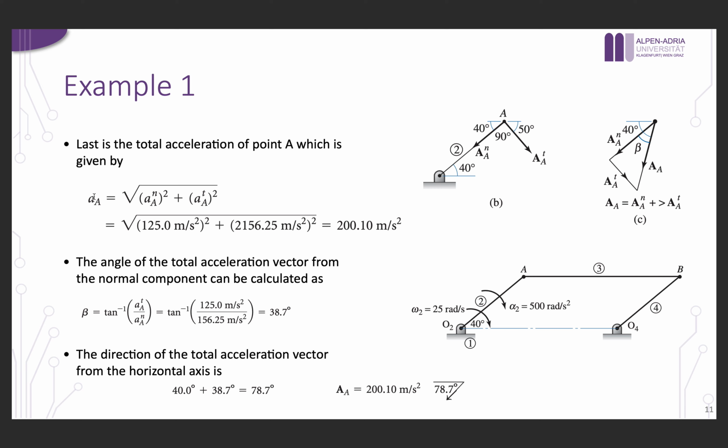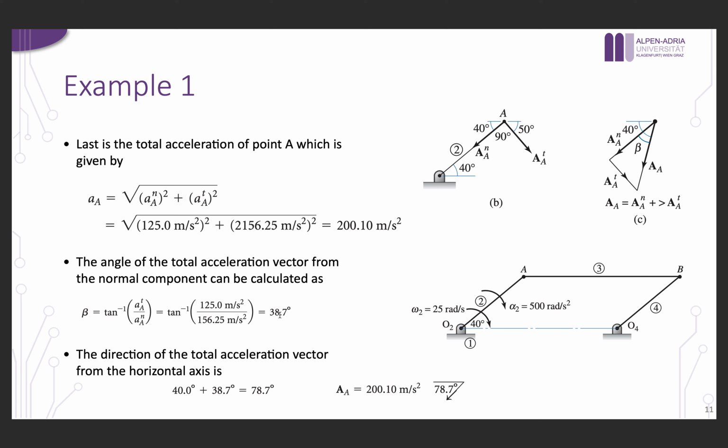They represent the projection of the total acceleration on these two axes, which means the magnitude is the square root of the sum of squares, and this gives me the magnitude of the total acceleration. And here I can get the orientation of the total acceleration in the same way, because they are projections. Here we have the arctangent of the tangential over the normal, and here we get the orientation beta of the total acceleration.